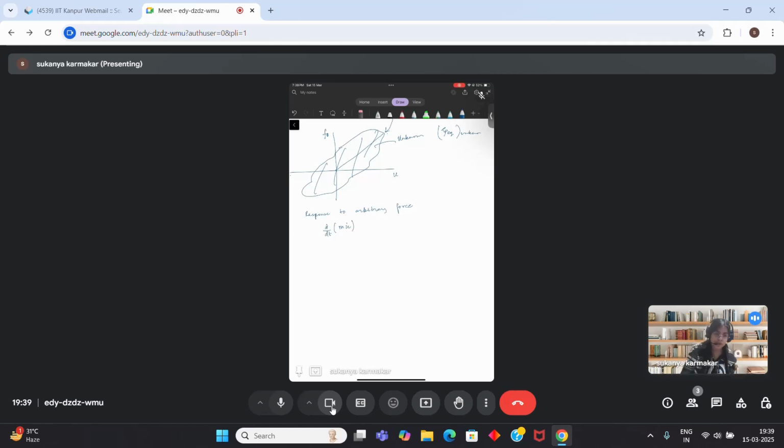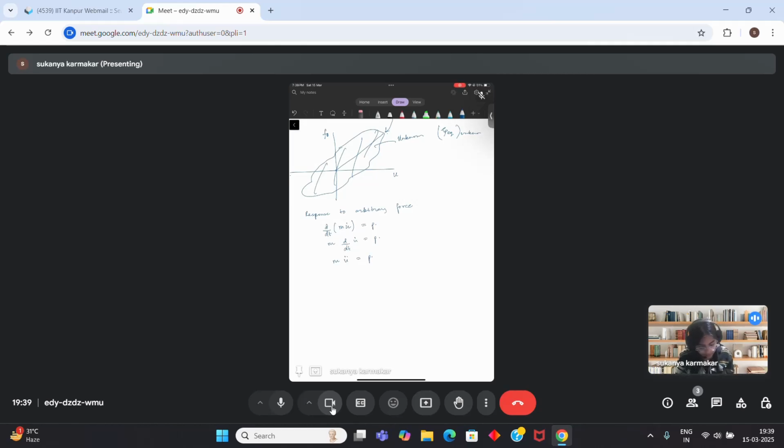Momentum is mass into velocity. Rate of change of momentum is equal to the applied force. Now, suppose the mass is constant, then I can remove the mass from this derivative, and this will be m d dt of u dot is equal to P. Now, m d dt of u dot is m u double dot.